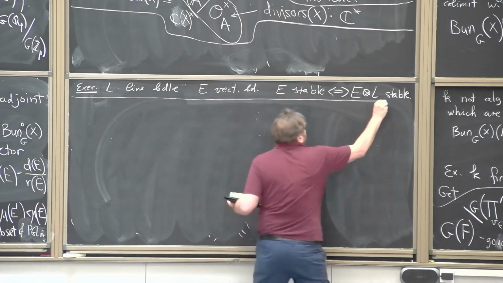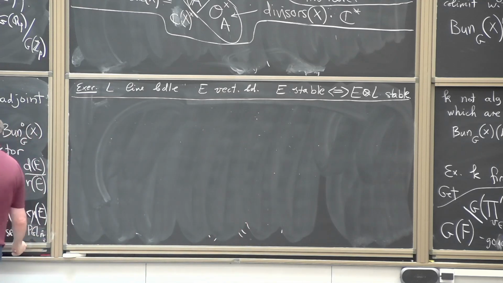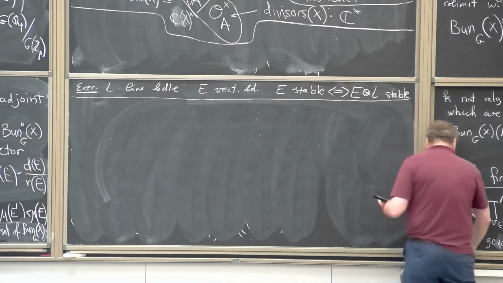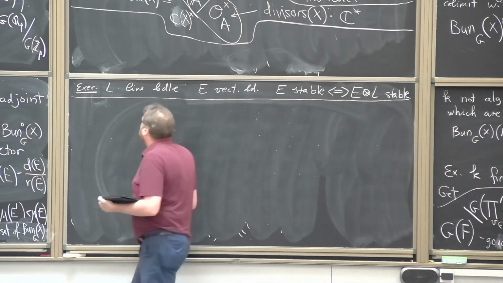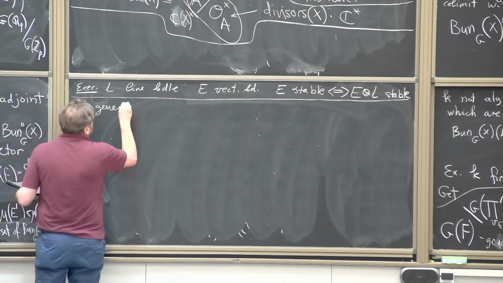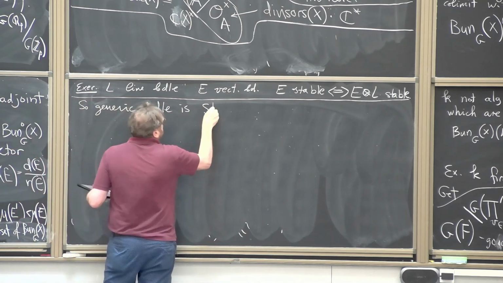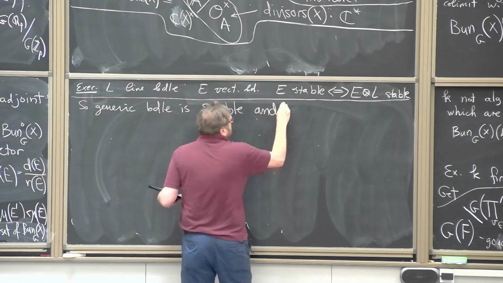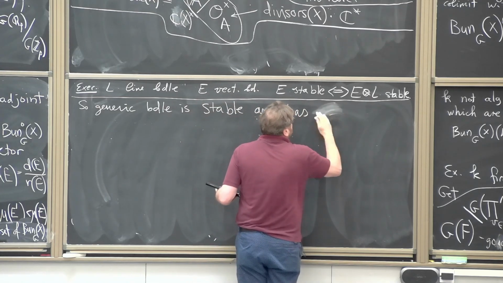Okay, so it's a subset of Bun_G of X, where G equals PGL_N. And so generic means the generic bundle is stable and has no non-trivial automorphisms.